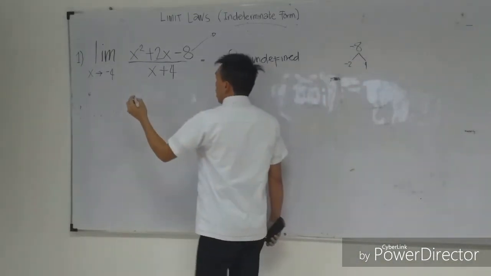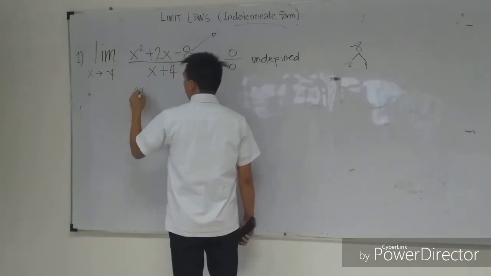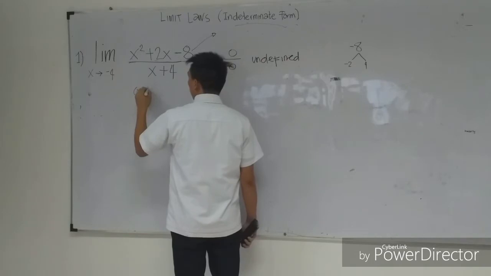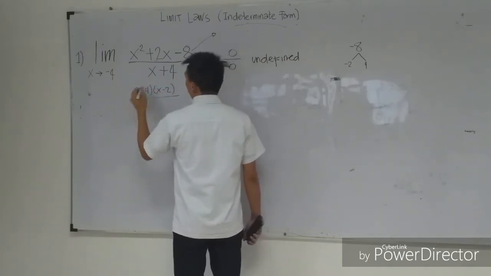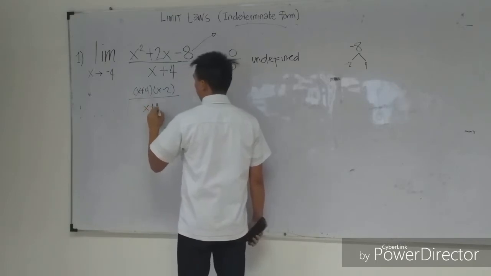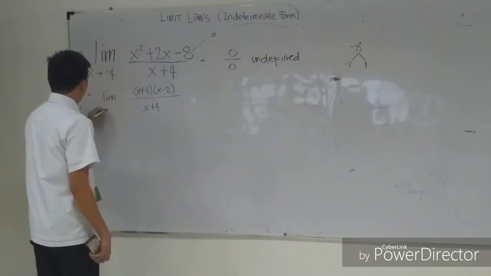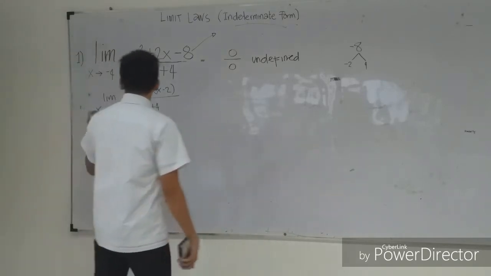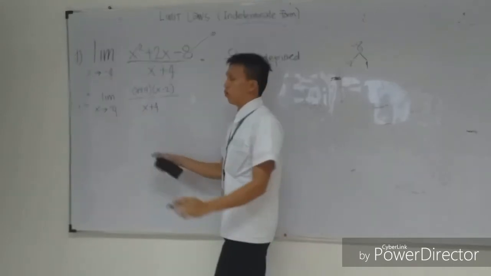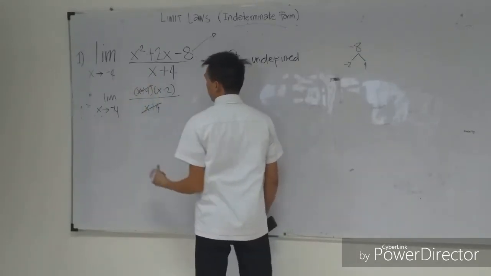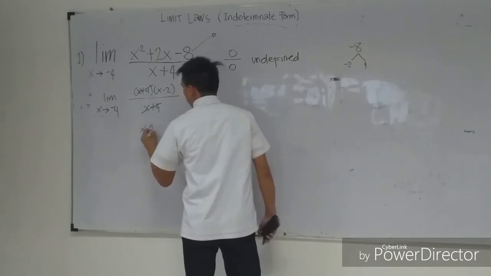So we have x plus 4 and x minus 2 over x plus 4. We have the similar terms, so we need to cancel them out. So we have x minus 2.